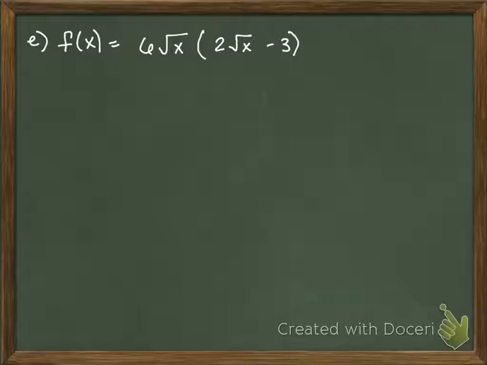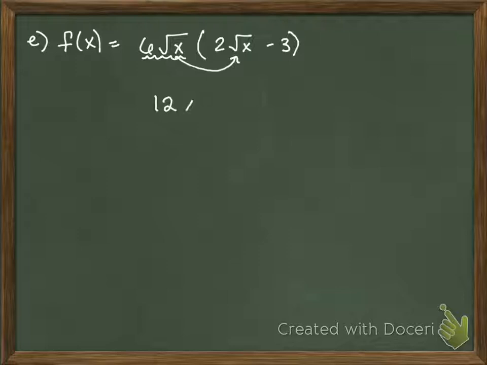Okay, so what we need to do, all right, is we need to distribute. So I'm going to take 6 square root of x times 2 square root of x. Okay, so that's 12. Well, it's square root of x squared. Oh, you just get the x.